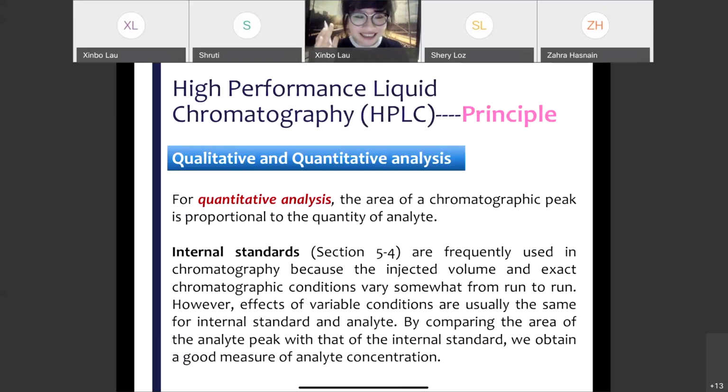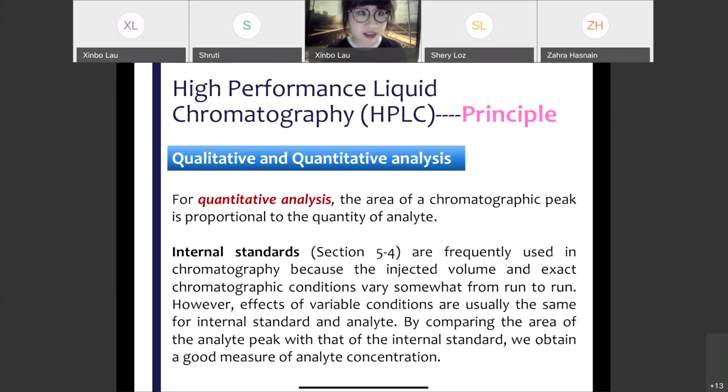Yes, I was saying you can use an internal standard to help with that problem. For the big pharmaceutical companies, they probably have instruments with an autosampler, which will be better and will reduce the reproducibility problem.